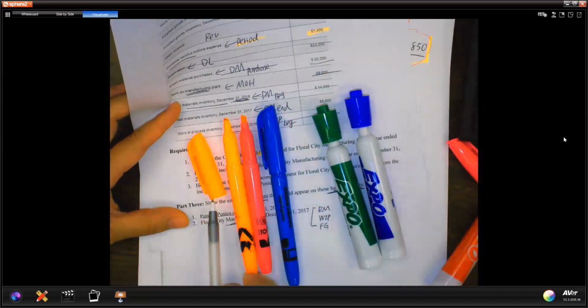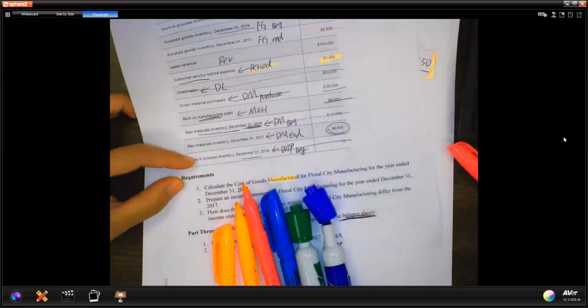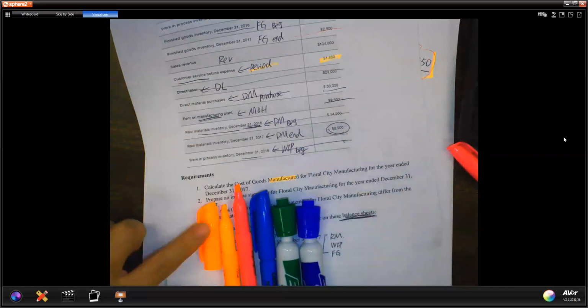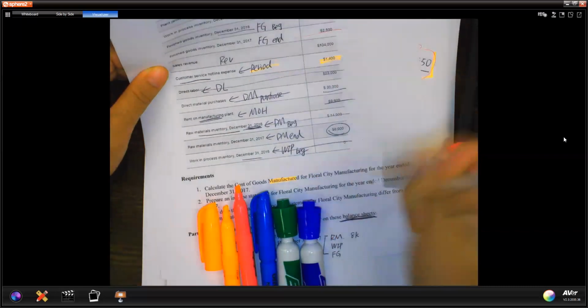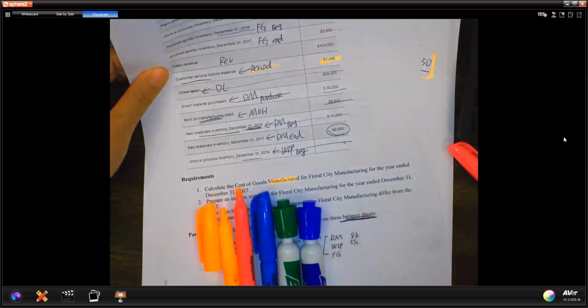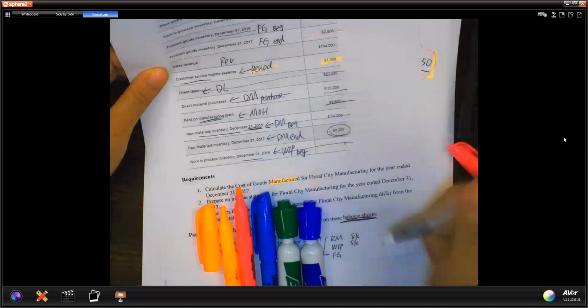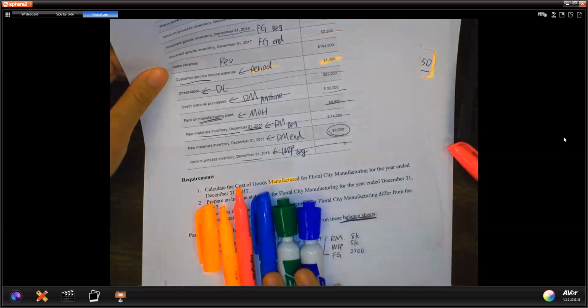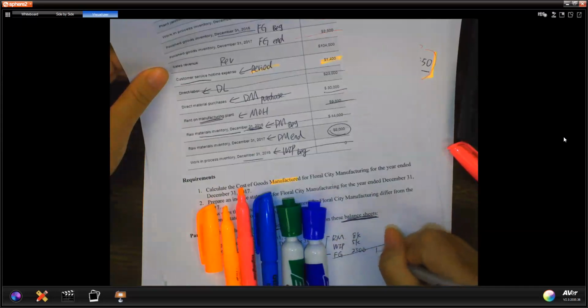So we look at the direct material ending, which is 8,000. So we put raw material ending, just this one, 8,000. Work in process ending is 5,000. And then we have finished goods ending inventory, 2,500. So that's our total inventory for our manufacturing, 15,500.